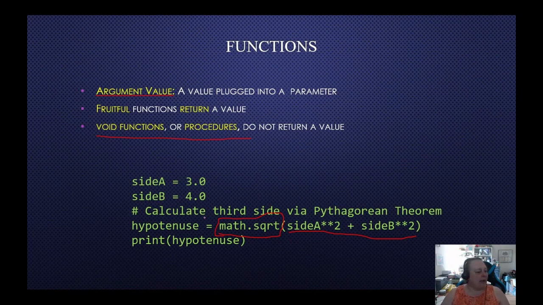Now, when I get the square root back, I'm putting it into the variable hypotenuse. Okay? Now, if your function does have something that is returned, it's sometimes called a fruitful function because it has a return value. So let's take a second and let's play with a little bit of code.